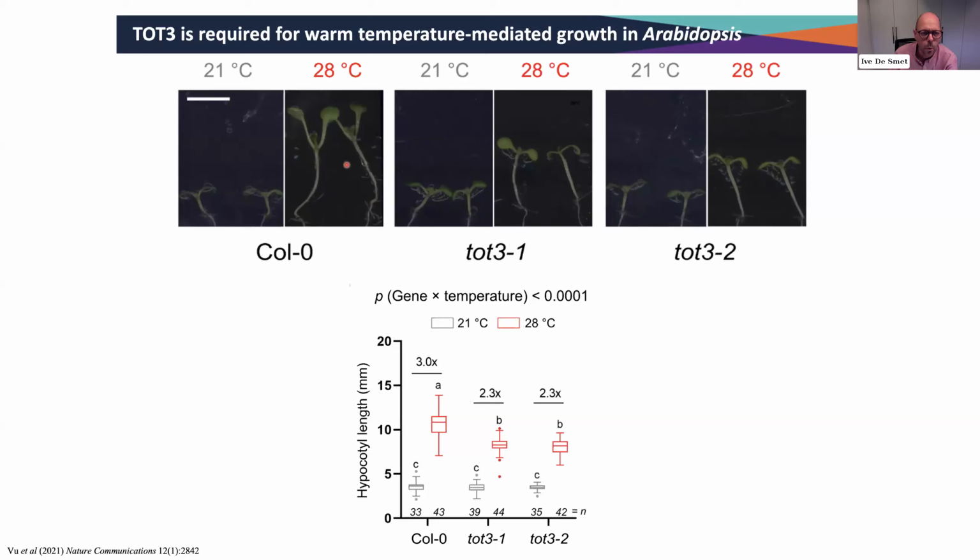We see that in wild type, we have this nice growth response, this lengthening of the hypocotyl, lengthening of the petioles, and this upward angling of the leaves. In our 2 mutant alleles, this is also quantified here, this is largely lost. So we have much less lengthening of the hypocotyl, and these additional shoot responses are primarily gone.